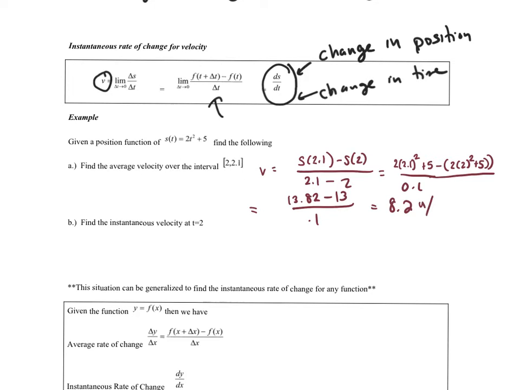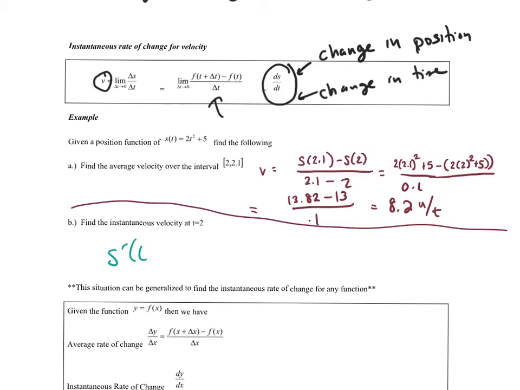And I don't really have a unit, so we'll say units per whatever time it is, so feet per second or miles per hour, whatever it might be. So is that what our speedometer says at 2? I bet it's pretty close, but if you want to know the instantaneous velocity, it's really simple now. Because we said the actual velocity, what you would see on your speedometer, well, except for the sign, because velocity could be negative, we'll just take the derivative.